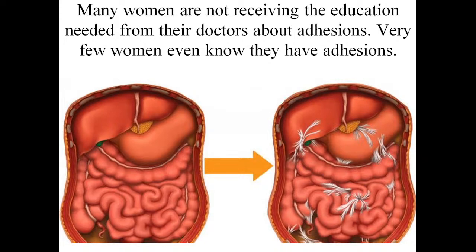You can see here the abdominal cavity of a woman, and after giving birth, adhesions develop inside the abdominal cavity.